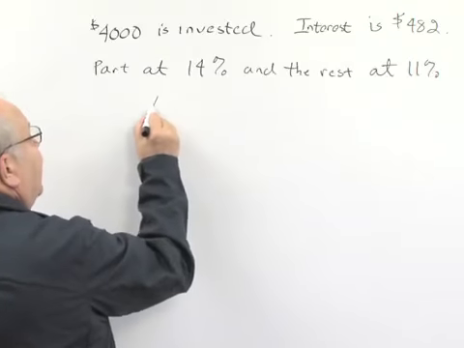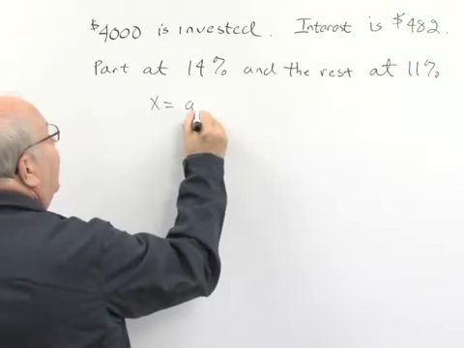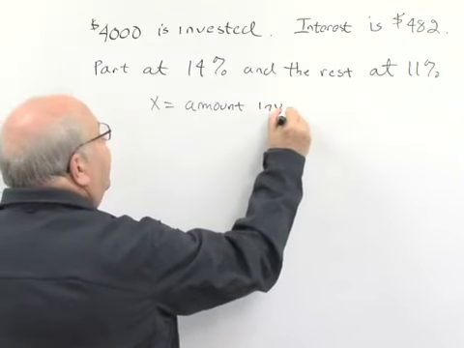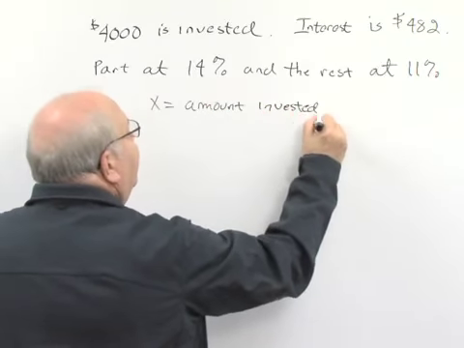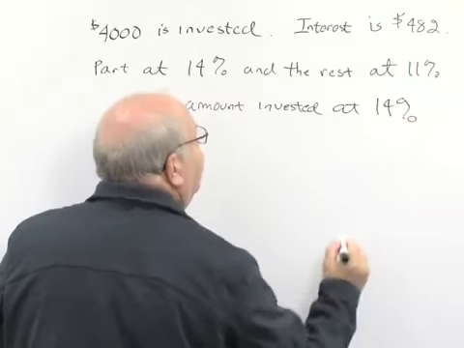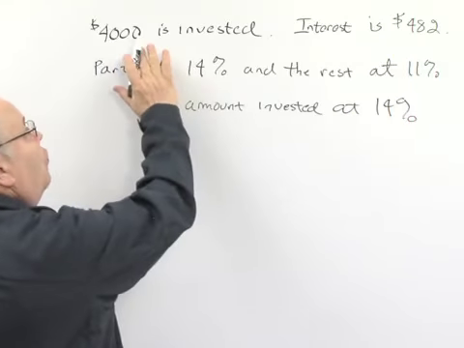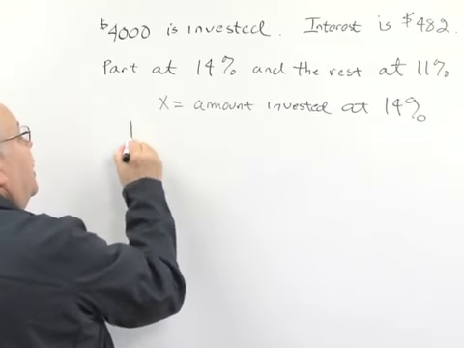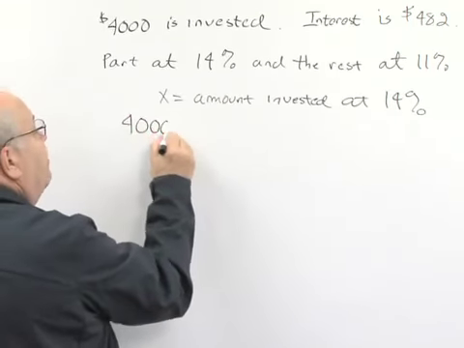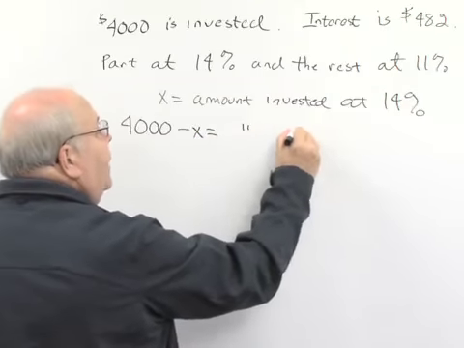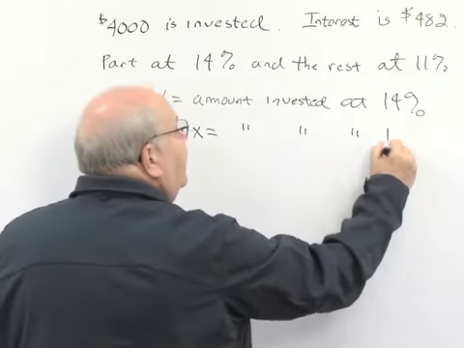So suppose we let x equal the amount invested at 14% interest. Now we started out with $4,000. If we've used up x dollars, then there's 4,000 minus x left. So that's the amount invested at 11%.